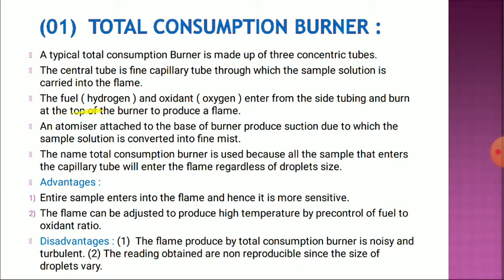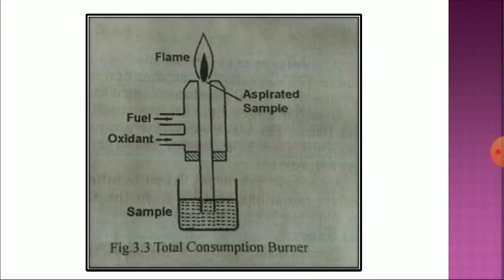The fuel hydrogen and oxidant oxygen enter from the side tubing and burn at the top of the burner to produce a flame. That means to burn, we require fuel and oxidant. As a fuel we can use hydrogen gas.